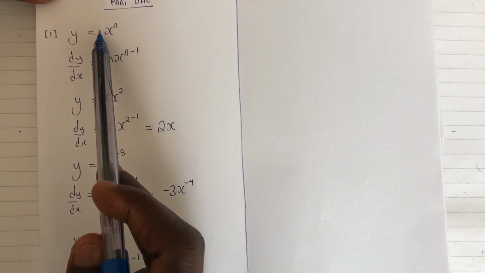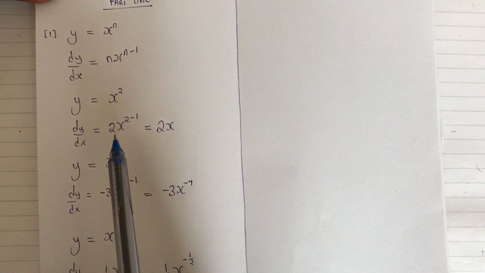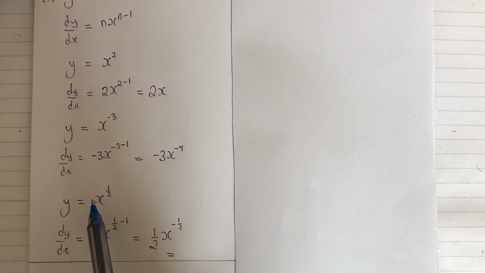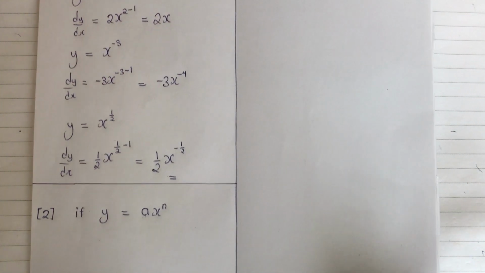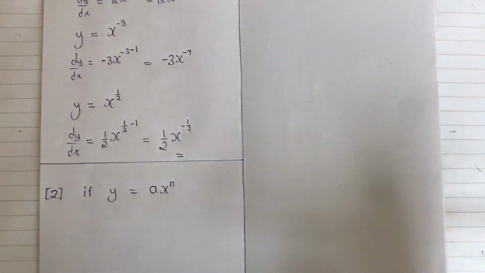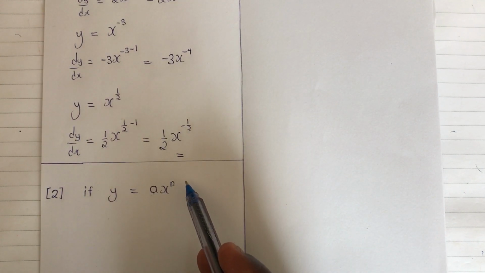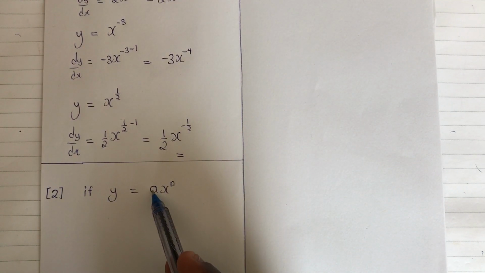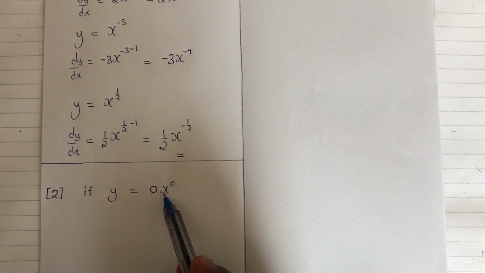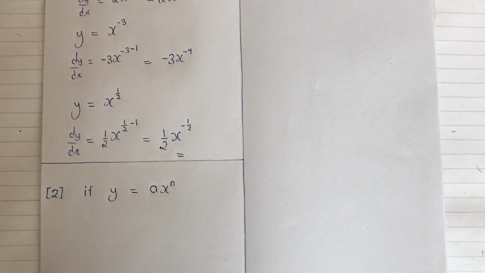You see, there was 1 here, 1 here, and 1 here, so there was no need for me to introduce that. In the same way, just use n to multiply and reduce the power by 1. This a will multiply n and multiply the function, and you generate your final answer.